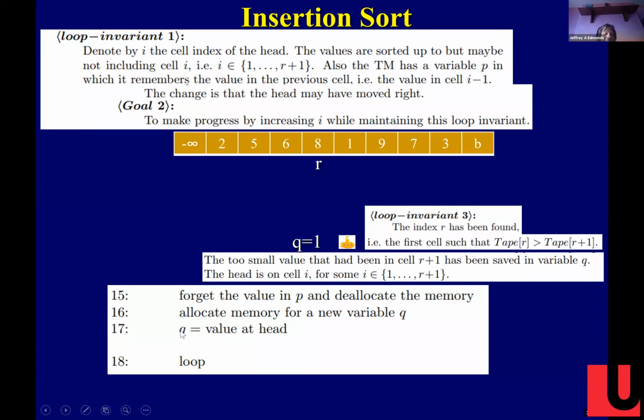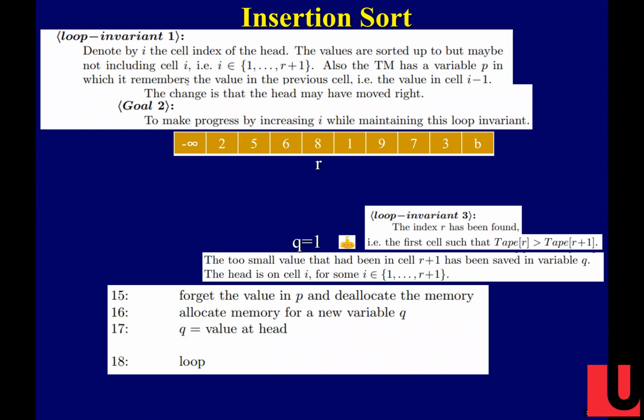And what value does Q have? Q has the value that's at the head. Well, where's the head? The head we know is at cell R+1, and that's the one we want to be saving. So Q becomes 1. Everybody follow that?